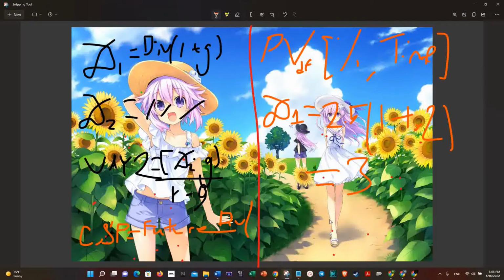Our D2 is this. D2 will be equal to 3 multiplied by 1.2, which is equal to 3.6. Thankfully, now we have the D1 and D2, so I can get rid of this top section here.